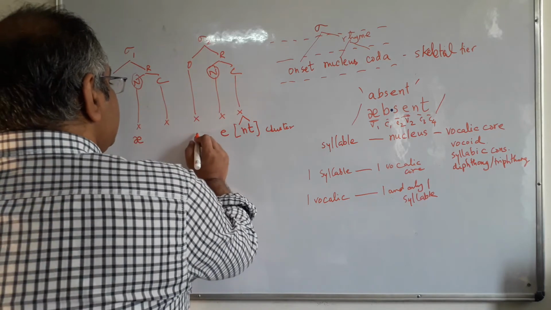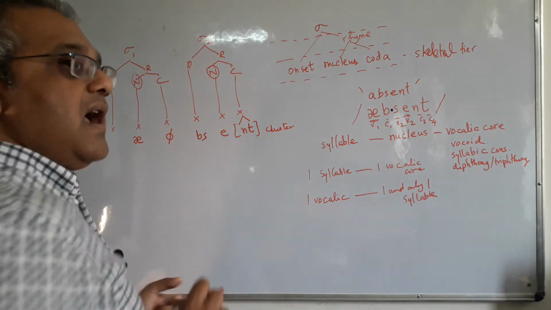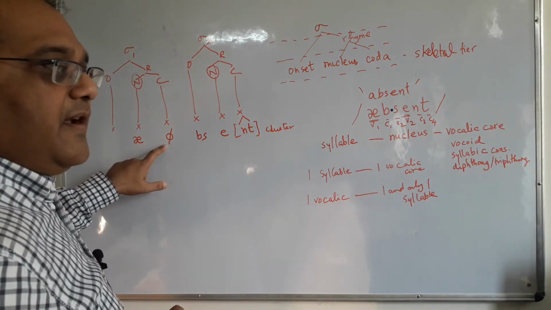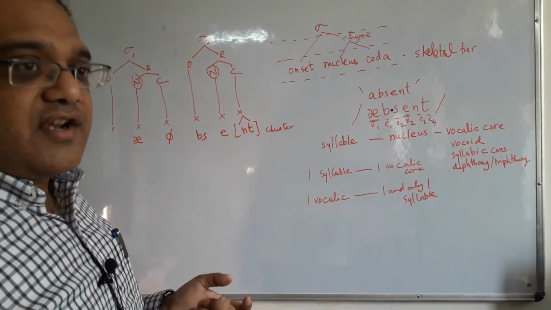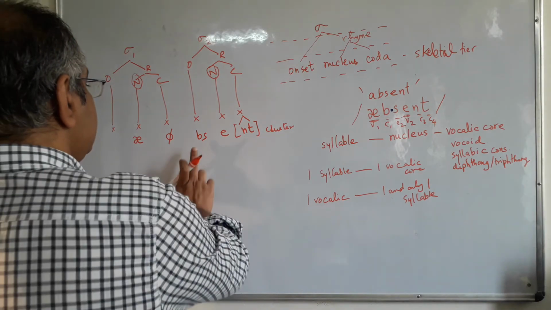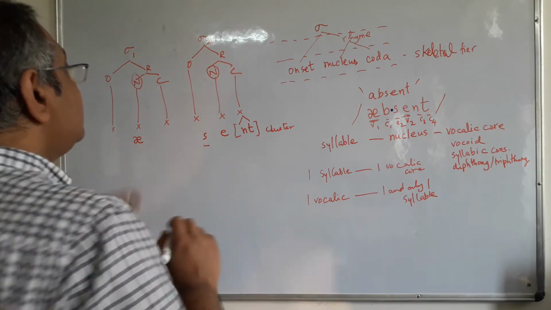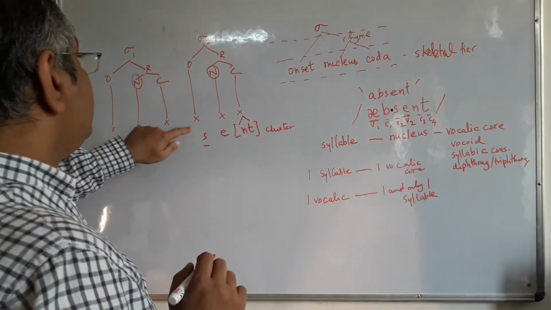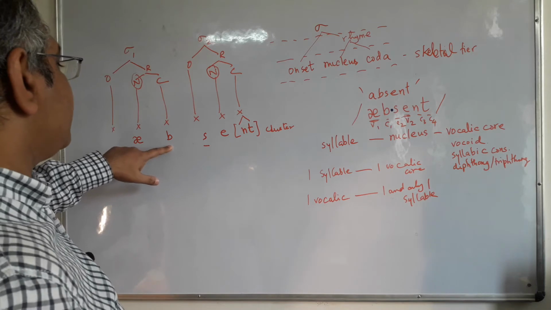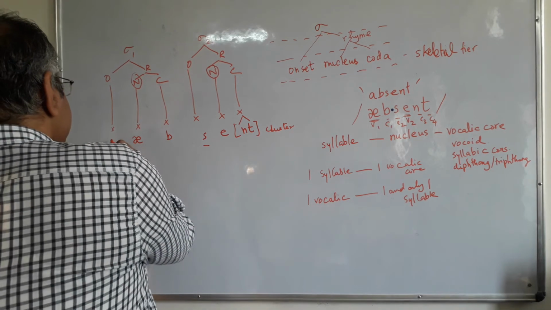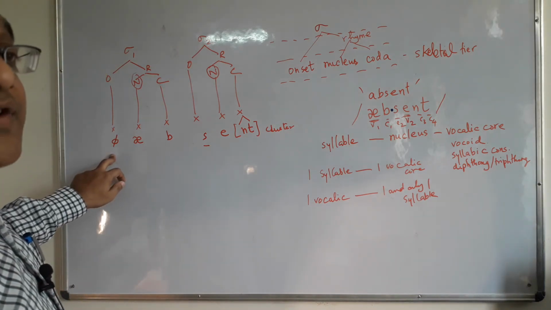So the onset over here could have been b-s, and this could have been an empty position, but this is not so because of the configurational and pronunciational constraints. So what we do is we assign s to the second syllable's onset and b as the coda position of the first syllable. In this case, you have the onset of the first syllable as an empty position.